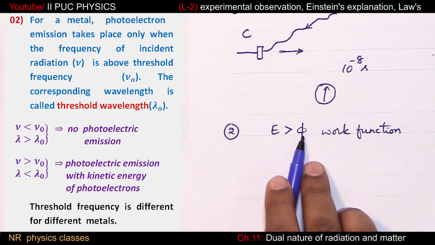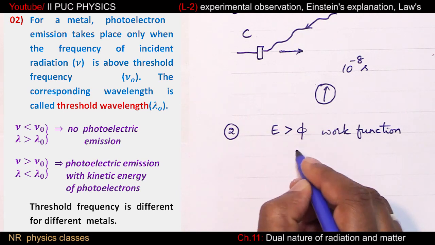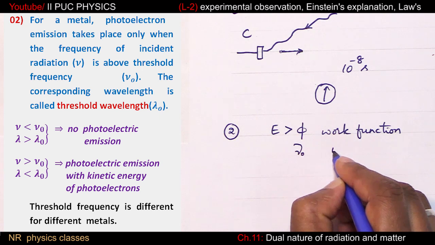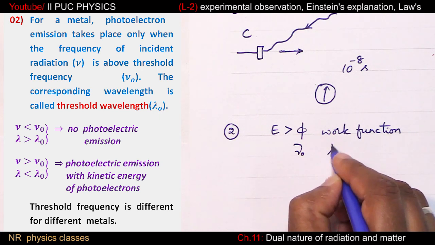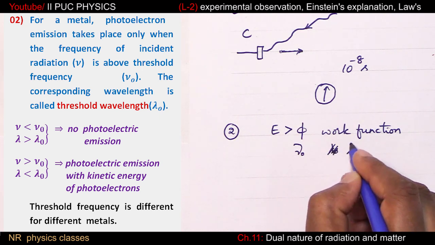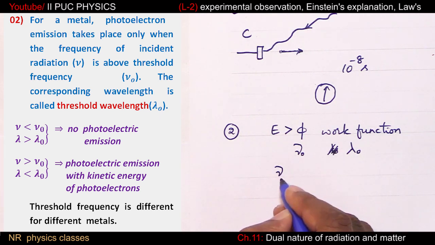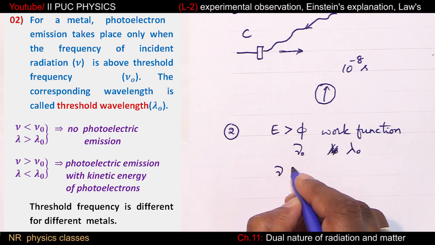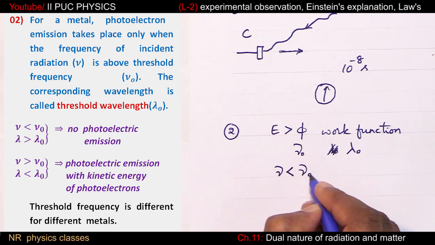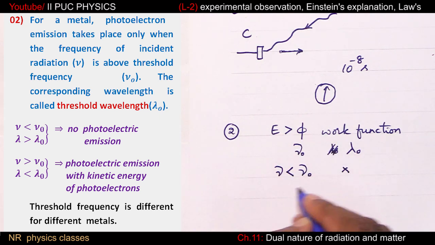And corresponding to work function, there is threshold frequency and threshold wavelength, lambda naught. If frequency of incident radiation is less than threshold frequency, there is no emission.